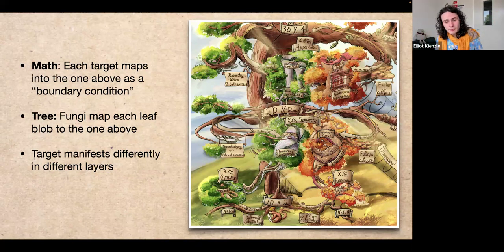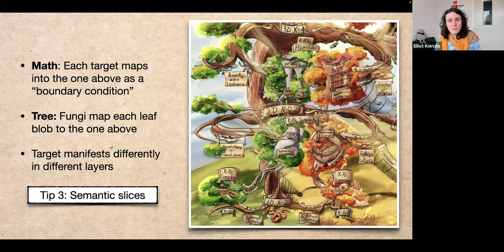And in the tree, the way I represented that is with these fungal roots, where the fungi stretch from this manifold here and embed into this upper one. Also, on different sides, I'm using different pictures, different ways of realizing this fungus. But the point is, I'm manifesting this space differently in different parts of the image. This is semantic slicing. Tip number 3.